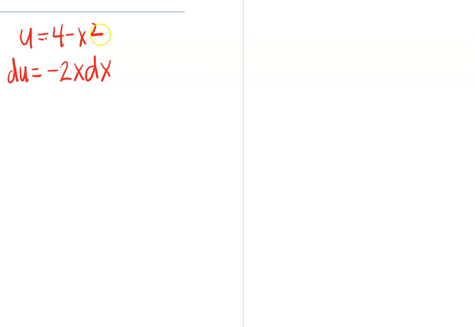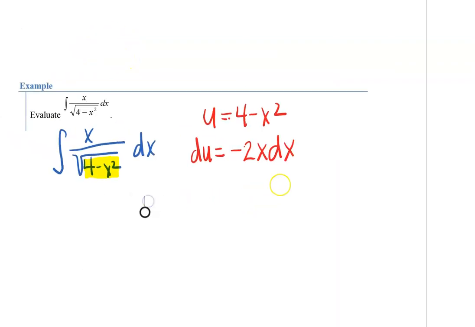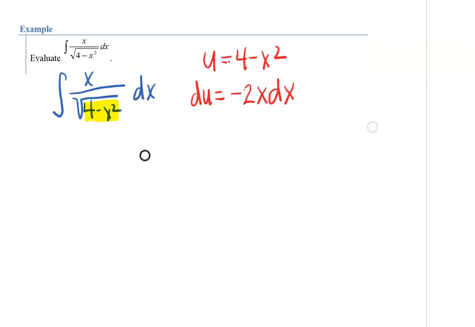Once you pick your u and take the derivative of it, go back over to the problem and start figuring out what you can substitute in. We can see that 4 minus x squared, we picked purposely to be our u. Then we see we have an x dx we need to sub back in for, which is right here, but it has an extra negative 2 on it. Now manipulate that to get the exact substitution that you want. So I'm going to divide both sides by negative 2.